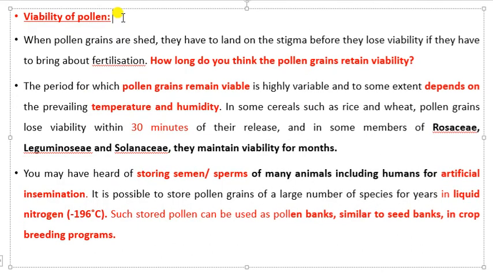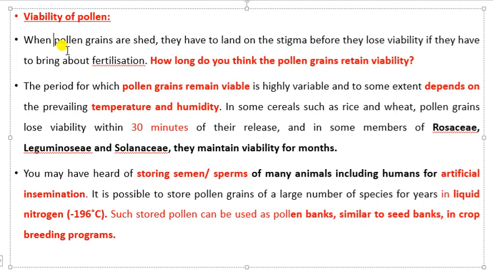Coming to the next part, that is the viability of pollen grains. Now, what do we mean by viability? Viability of pollen grain is basically the ability of the pollen grain to undergo fertilization. So it is the time span or period till which the pollen grain has the ability to undergo fertilization.